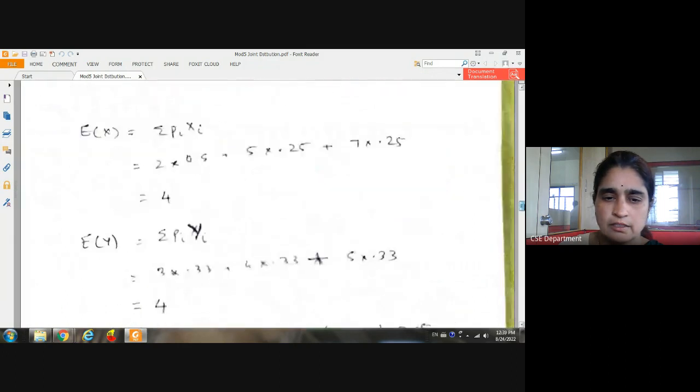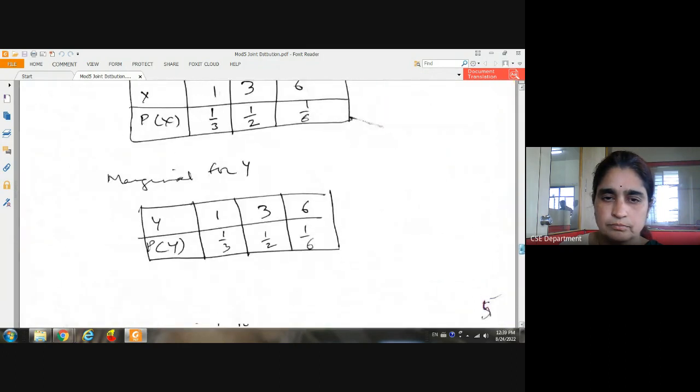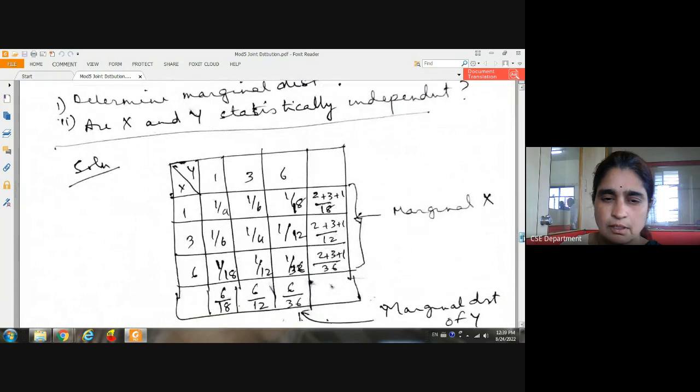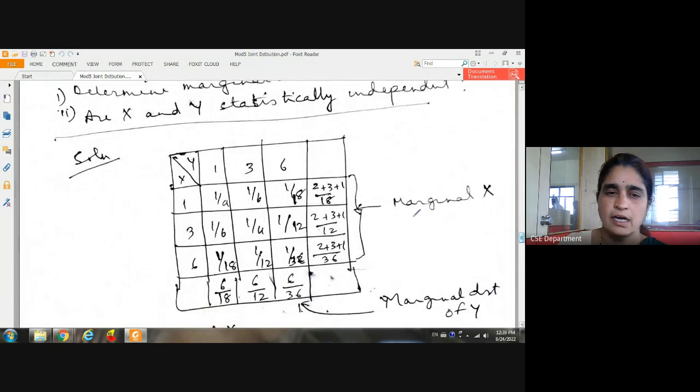Let us still look at this one. See, here x can take values 1, 3, 6. Y also can take values 1, 3, 6.